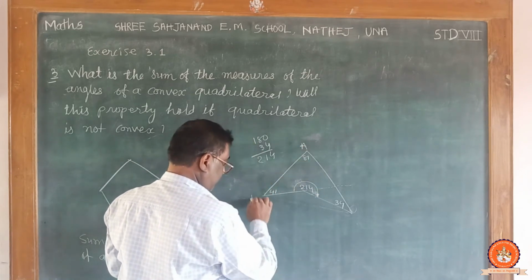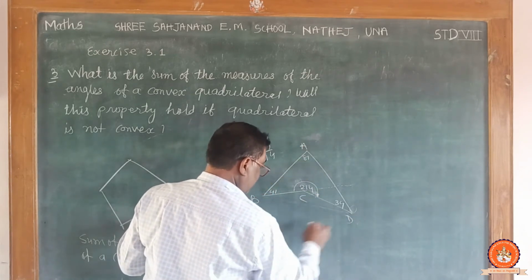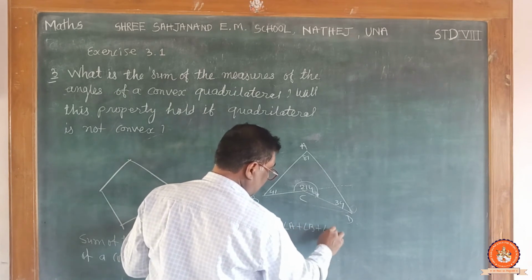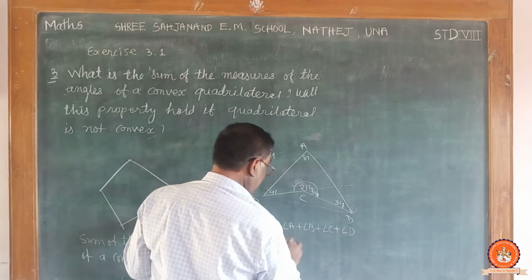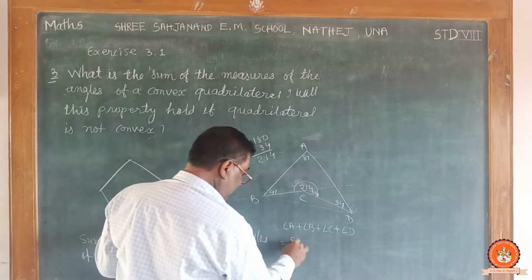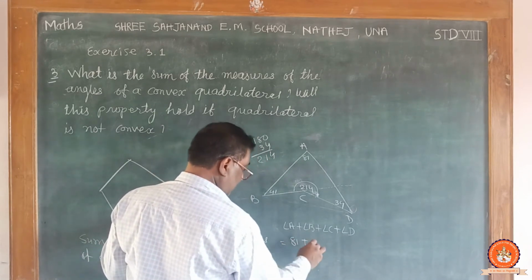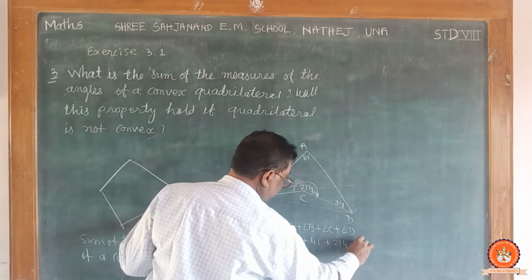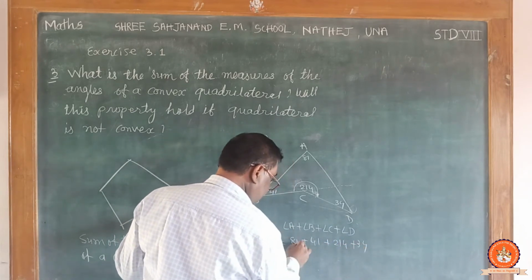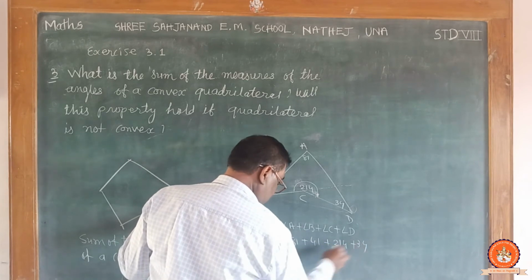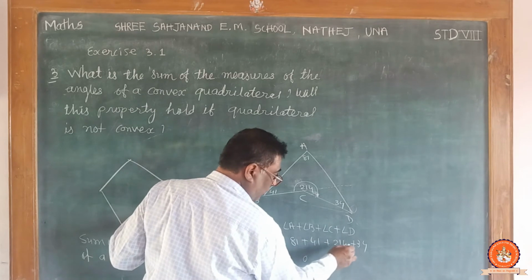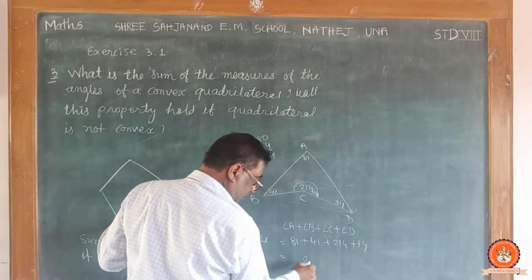Now it's angle A plus angle B plus angle C plus angle D. How much is it? A is 81, B is 41, C is 214 and D is 34. 1 and 1 is 2, 2 and 4 is 6, 6 and 4 is 10.